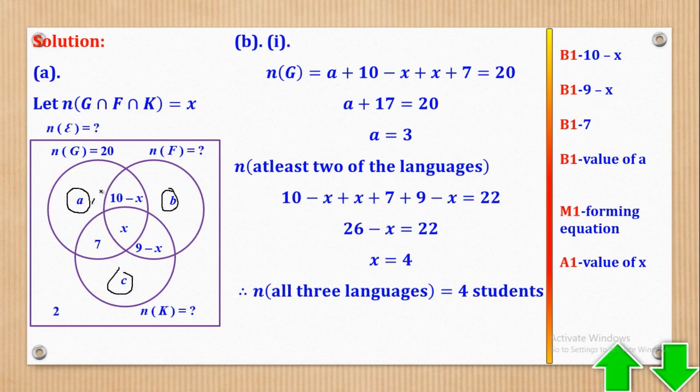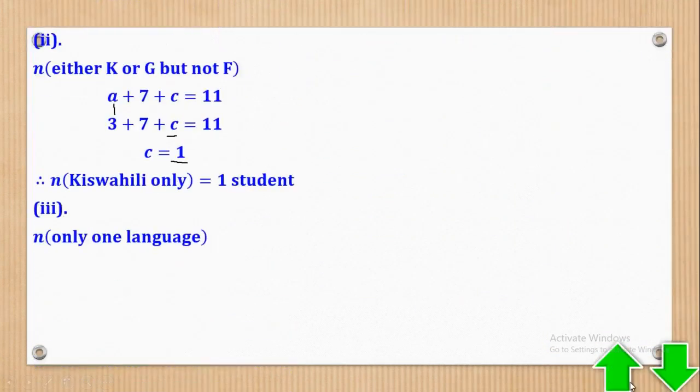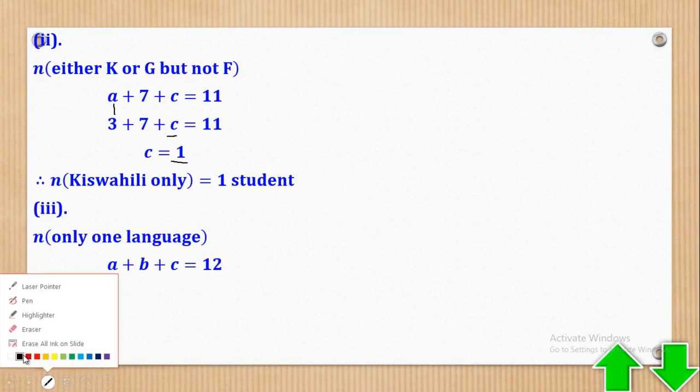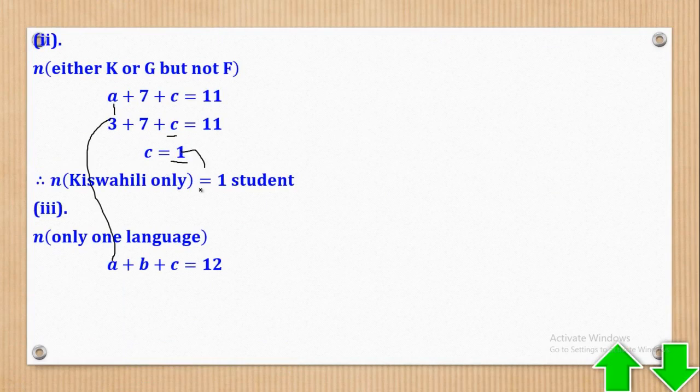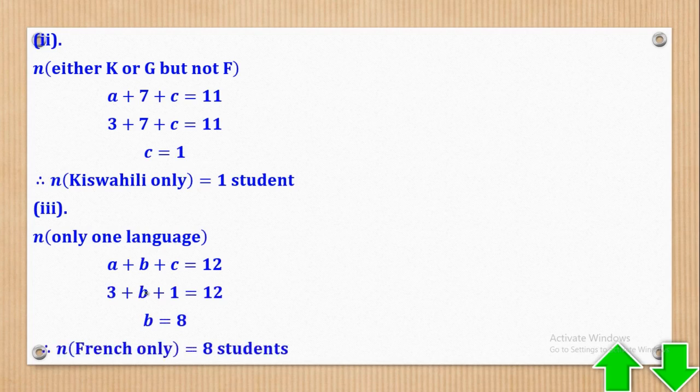So we have A plus B plus C is equal to those who speak only one language. Therefore, we shall come here and say that A plus B plus C is equal to 12. But the good thing, I know A and I know C. Therefore, I come and substitute for A and C to remain with B as the only unknown. Therefore, when I make B the subject, B will be equal to 8. Therefore, I come and conclude that those who speak French only are 8 students.